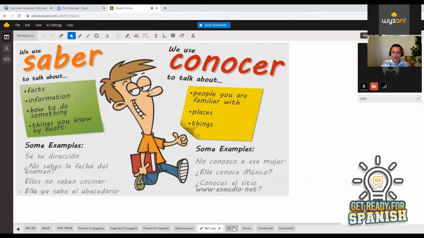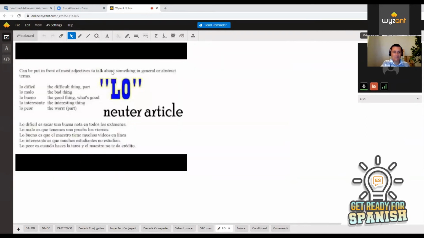Make sense? Okay. Again, if you have questions, please don't hesitate to ask. All right? Let's go with the next thing. This one is very straightforward: the article lo. You will be using the article lo with adjectives to talk about general ideas, like lo difícil, the difficult thing, lo malo, the bad thing, lo bueno, the good thing, lo interesante, the interesting thing, lo peor, the worst part.